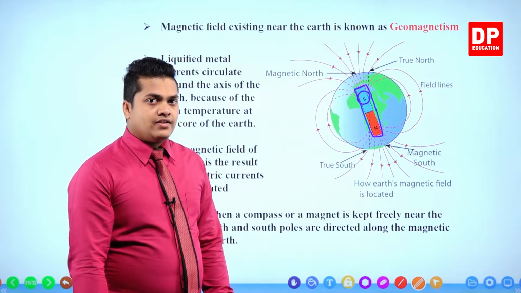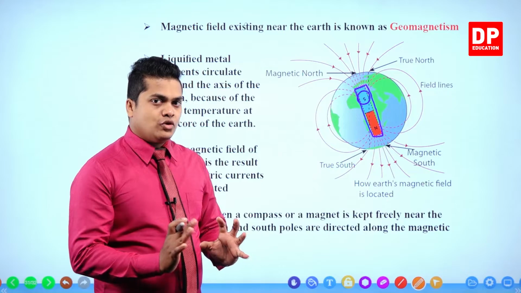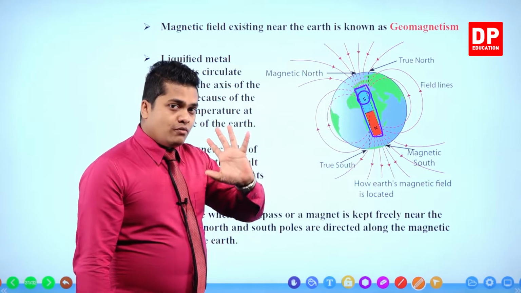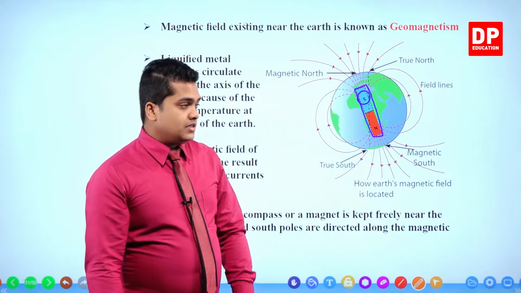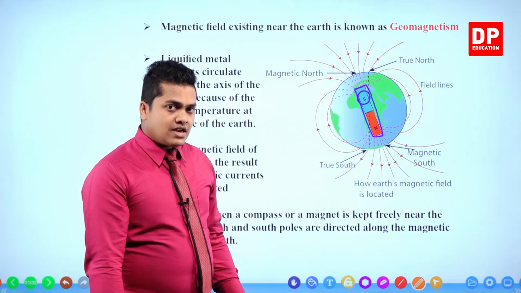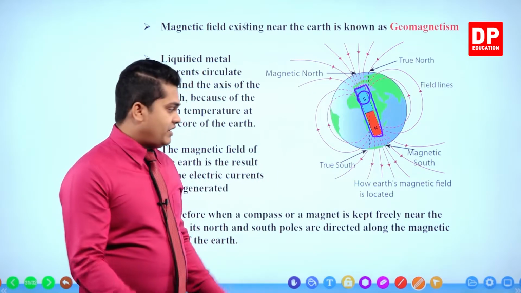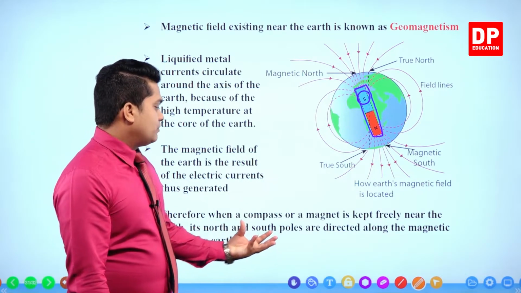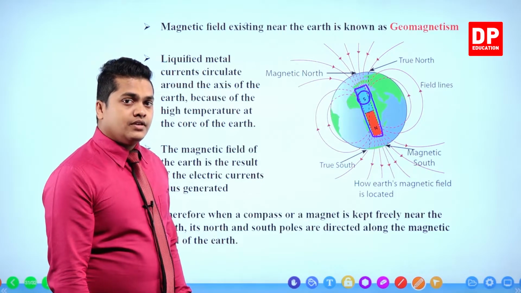It's because the south pole of the geomagnetism runs through the north direction of the earth, and the north pole of the geomagnetism runs through the south of the earth. That's why when a magnet is freely hung, its north and south poles are directed along the magnetic field of the earth.